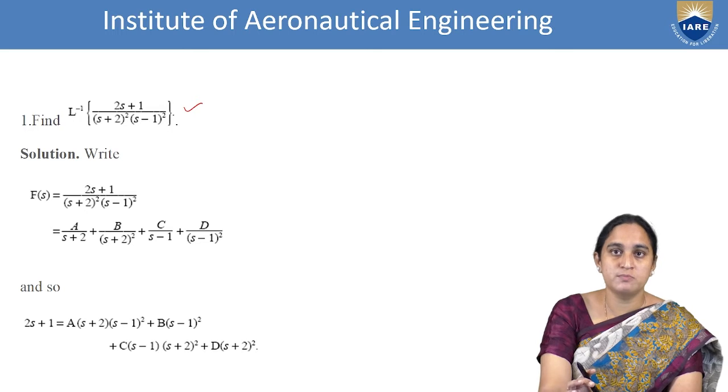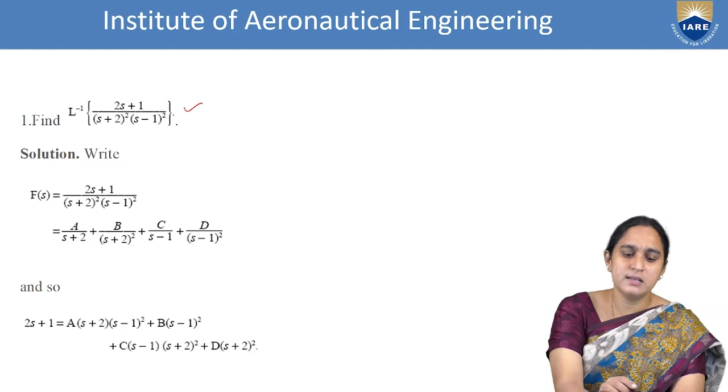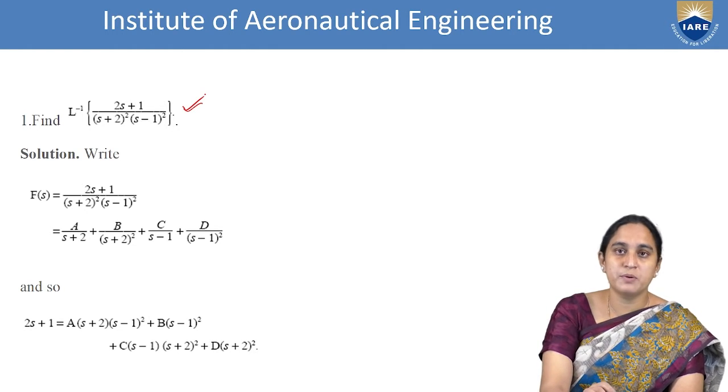There is none. Previous properties means the first shifting theorem, second shifting theorem, scaling property, and the derivative and integral parts. If we use a property directly, do we get any answer?